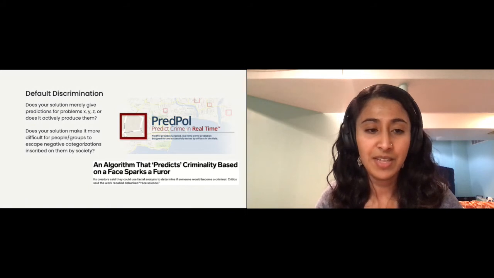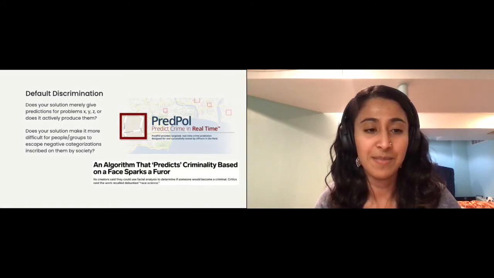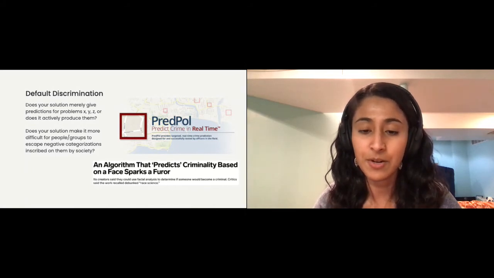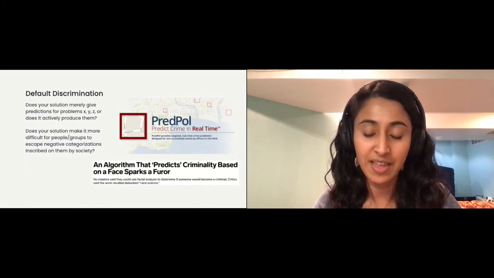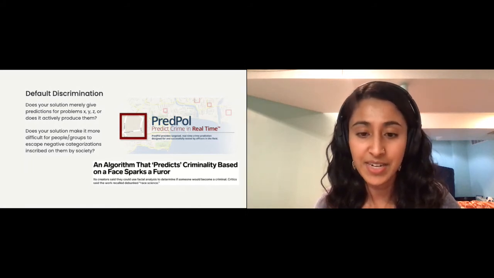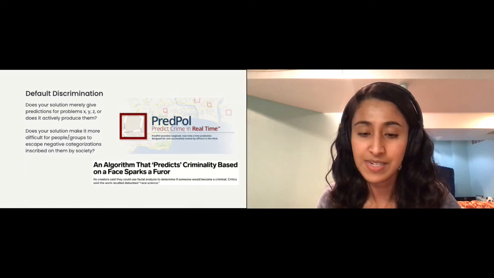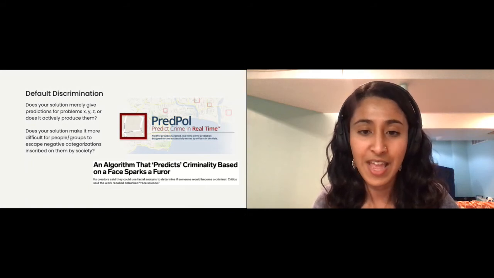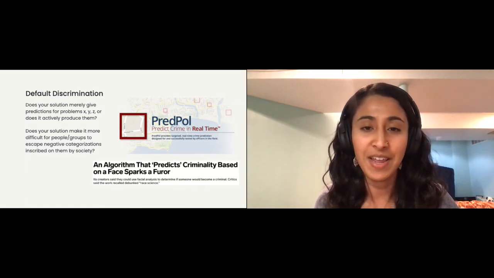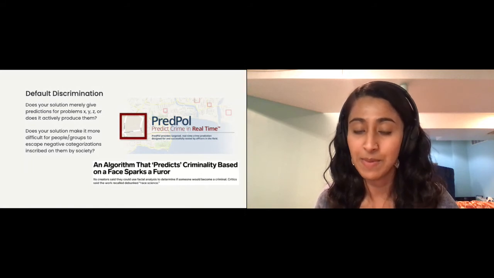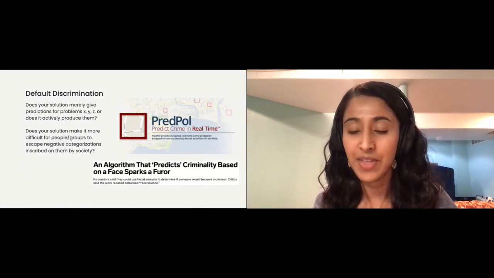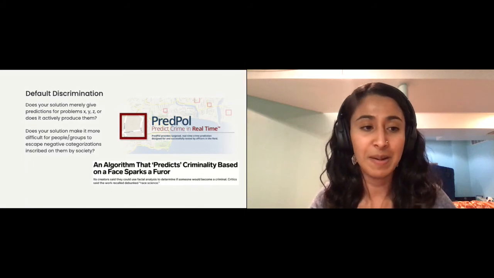And I really like the way that Ruha Benjamin framed this, by talking about how these are not so much crime prediction tools, but crime production tools, because there has to be an understanding that crime in our current society is something that is socially defined, and so depending on where you send people, if you send people to certain neighborhoods more, then naturally there will tend to be more crime there.